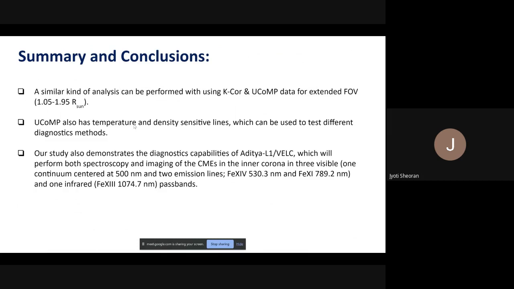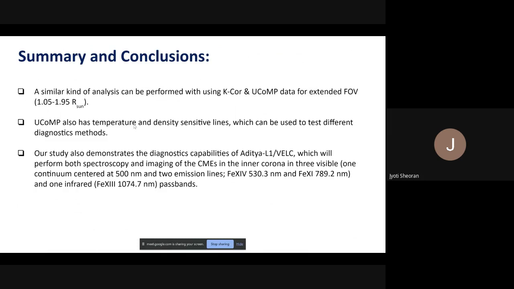Similarly, for temperature, we have the thermal width of different spectral lines, and we can also calculate temperature using line ratios of different spectral lines. This comparison of different diagnostic methods has not been done in the literature, so this can be performed. I think this is a very good way to compare different diagnostic methods.